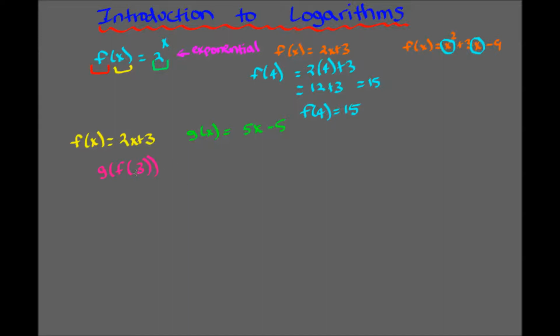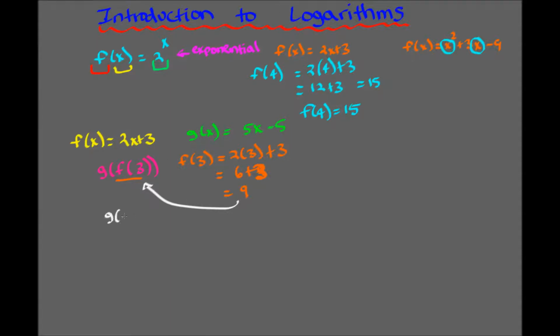So f of 3. First we have to do f of 3. So f of 3 is equal to 2 times 3 plus 3, which is equal to 6 plus 3, which is equal to 9. So now we plug the 9 into the g function.